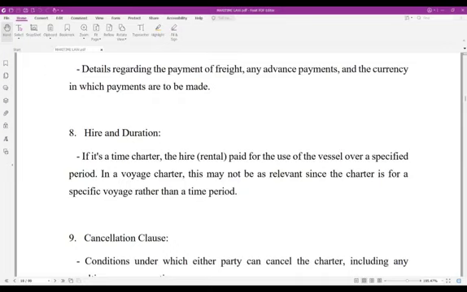In a voyage charter, this may not be as relevant since the charter is for a specific voyage rather than a time period. The charter is for a definite, given voyage rather than a time period. Why? Because it may not be as relevant, as important.